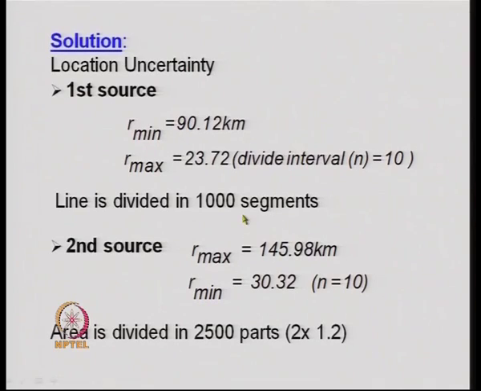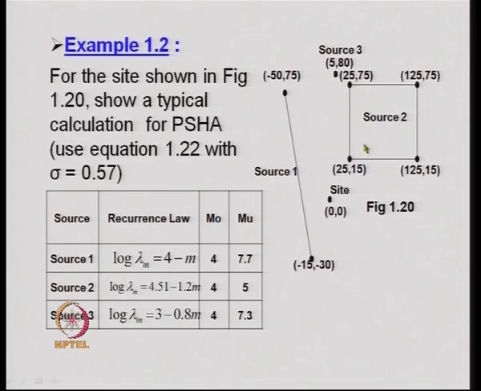So, in this way one can calculate the probability of occurrence of an earthquake for a specified epicentral distance. The same kind of calculation is performed for source 2.